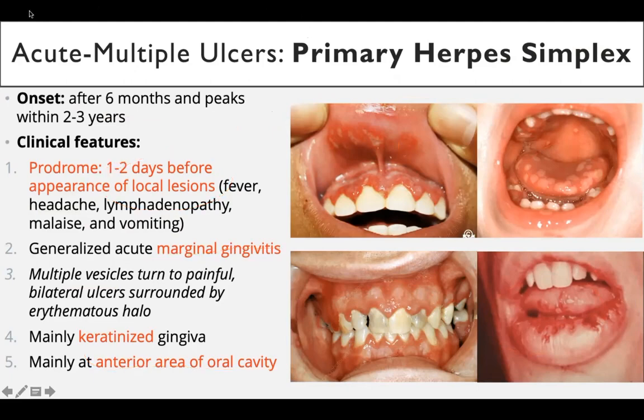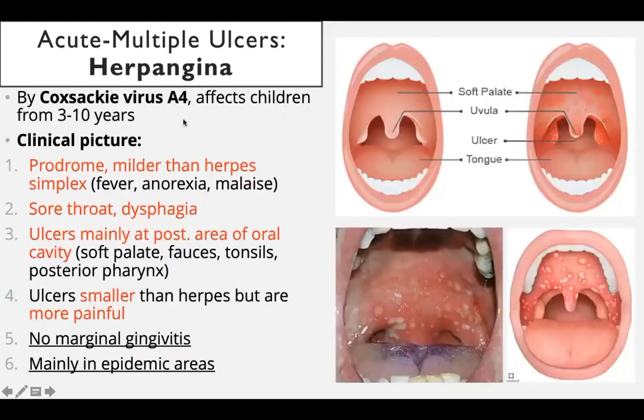Okay. Next was herpes angina due to Coxsackie virus A4, which affects children from 3 to 10 years. Clinical picture, it also has prodrome, but the prodrome of herpes angina, Coxsackie type 4, is milder than herpes simplex. There is sore throat, dysphagia, ulcers mainly at the posterior area.